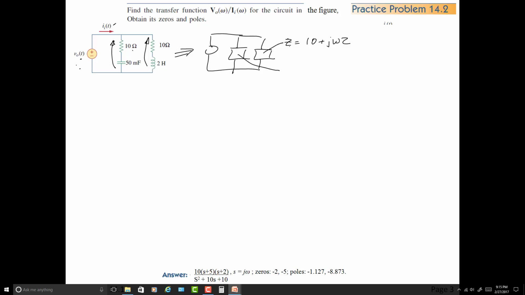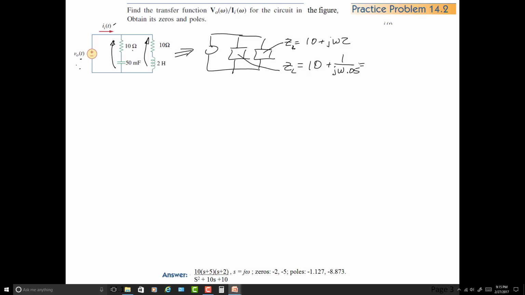And this Z, so we'll call this the right-hand one, and we'll do a left-hand one, and that will be 10 plus 1 over J omega C. So it'll be 1 over J omega, and C is 50 millifarads, so that's 0.05.